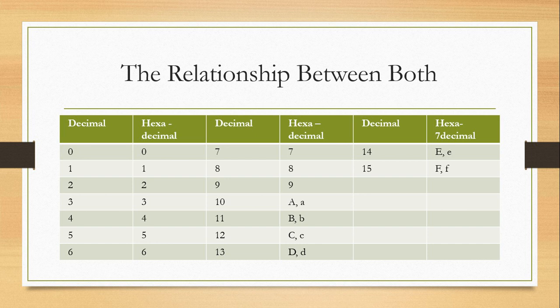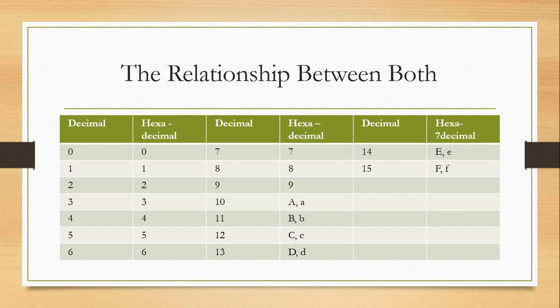The relationship between both. This is the table that I made to explain the correspondence of numbers between decimal and hexadecimal system. From 0 to 9, the numbers are same in hexadecimal and decimal. They represent exact 0 to 9 in both systems, but 10 to 15 are not included in decimal system. I have written them in, but it is just for convenience because I cannot make another table.